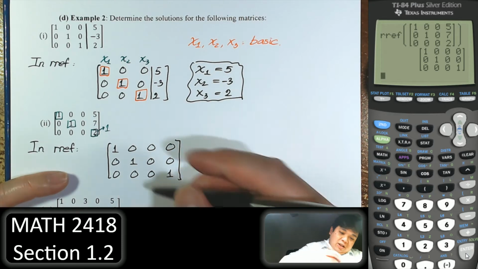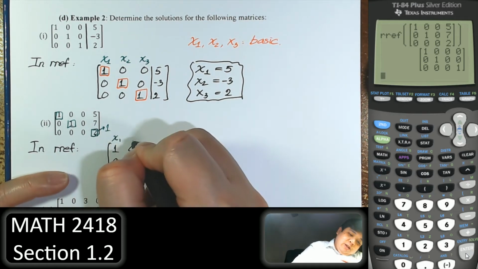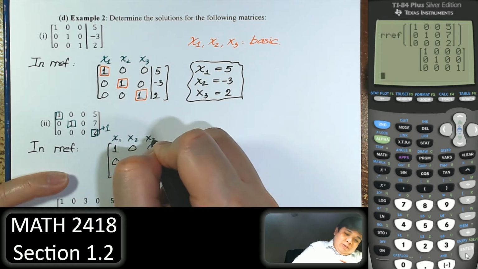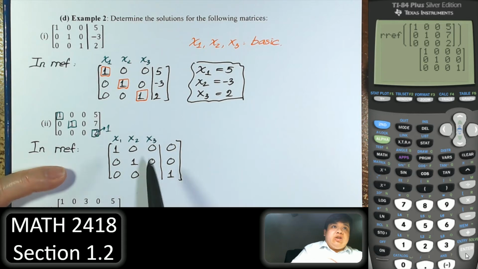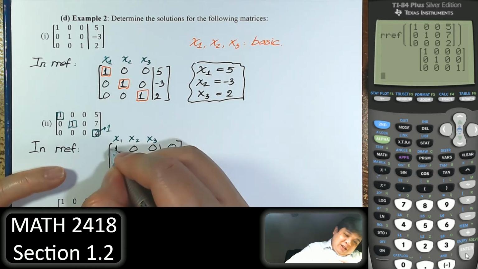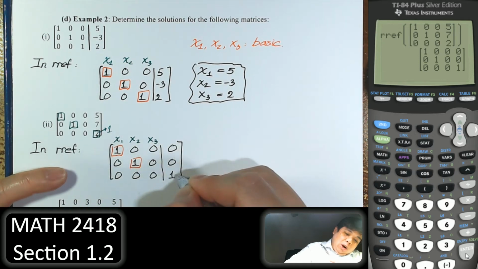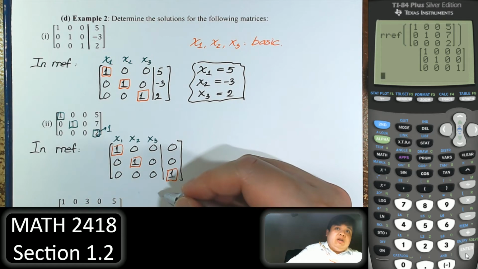Augmented matrix. The variables. Right. In this case, we see that x3 is the free variable because there's no pivot there. However, what we have here is the pivot column on the last column, the constant column.